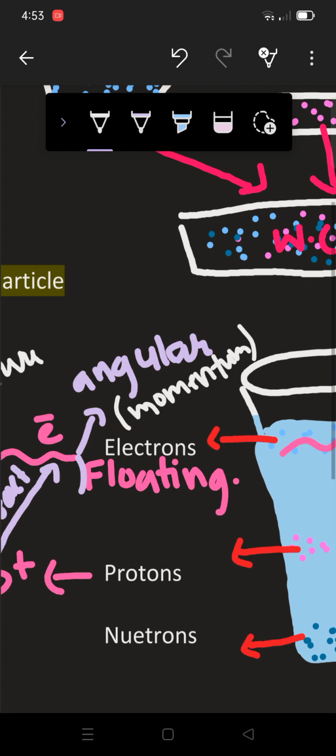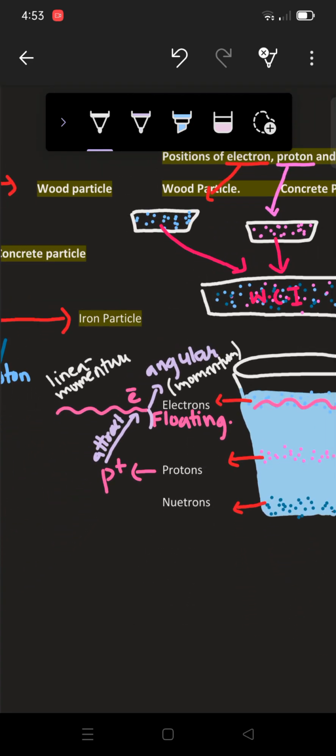Because of angular momentum, it moves in a circular direction, due to the presence of the charge. Due to angular momentum, it changes its direction. It moves in a circular path. That's why electrons are in the orbitals.